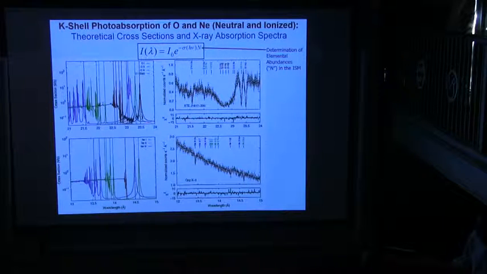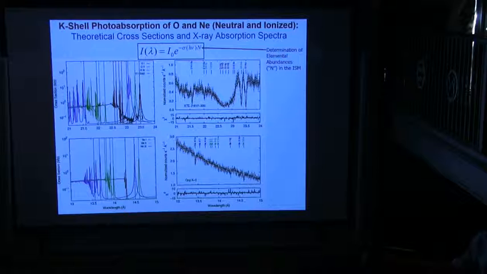Going from lower energy to higher energy, this is the K alpha, the 1s to 2p absorption in atomic oxygen, O I. As we go to higher energies, we get the K beta, etc., then an entire Rydberg series, and the above-threshold photoionization of oxygen. And not only might there be neutral oxygen in the ISM, but we could also have singly or doubly ionized. So the green shows singly ionized, the blue doubly ionized.